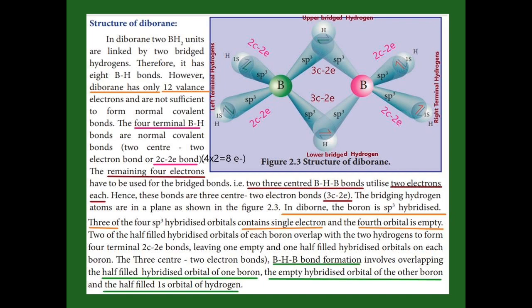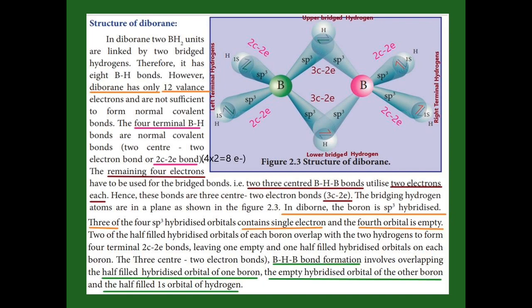That 4 into 2, 8 electrons means the terminal bond is called a 2C-2e bond. What is 2C-2e? 2 center 2 electron bond. I indicated in rose color the terminal bonds are called 2 center 2 electron bonds. We are using 8 electrons, it is a normal covalent bond.